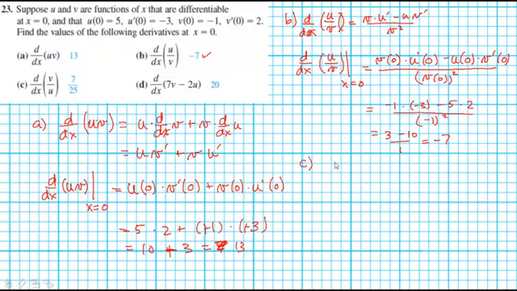In the C version of this, the derivative with respect to x of v over u is going to be bottom times the derivative of the top minus top times the derivative of the bottom, over bottom squared.